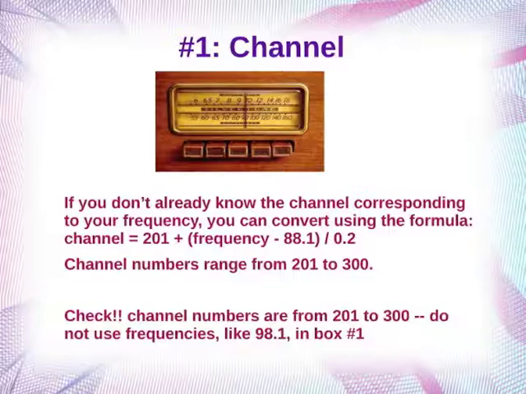The FCC also has other tools where you can find this information, and right now in the slide you can see there is a formula that you can use to find out what is the channel of your frequency. So remember, it's very, very important that you enter that number and you are not entering the number of the frequency. If you enter 88.1, the frequency, your application is going to be dismissed. So this is very important to check.